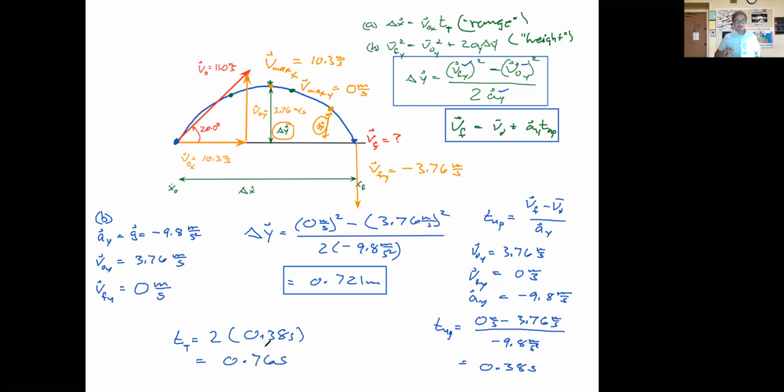Now this is not our answer, and I'm sorry I've run out of time, but for the lesson I'm going to post it. What we'll see on Monday is that the total time it spends in the air is the exact same amount of time it takes to move from start to finish, and at that point you should be able to recognize how we solve for this one.